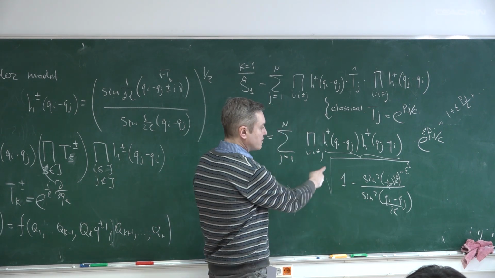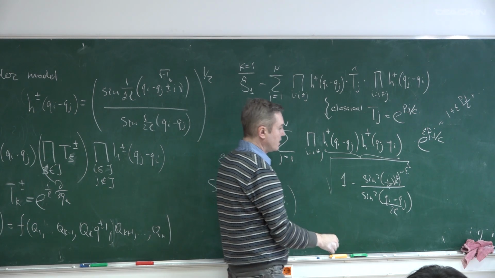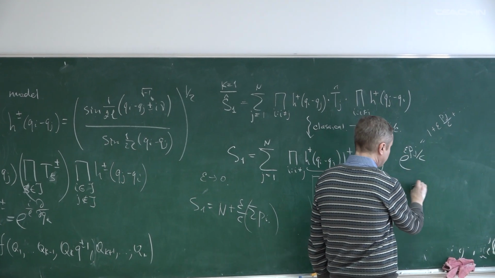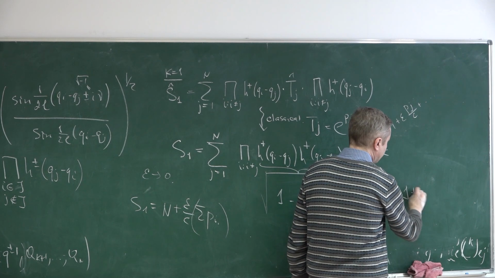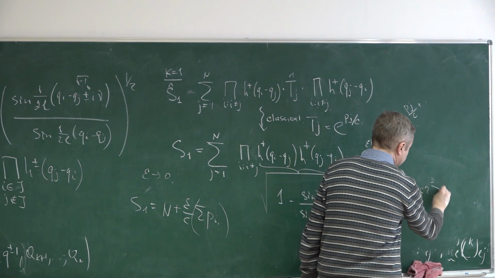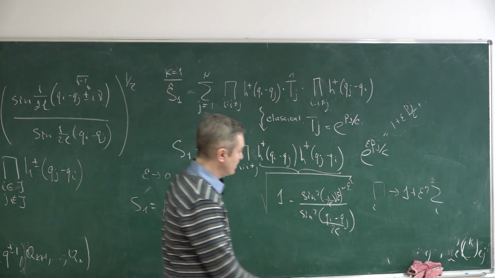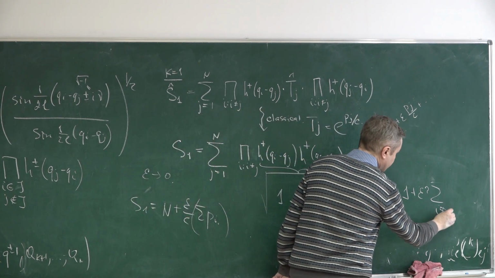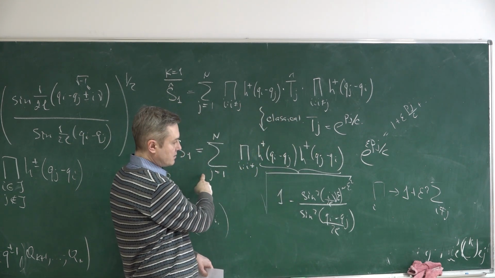We have a product of these expressions over all i, and this product will provide us 1 plus epsilon squared plus a sum over i not equal to j, and we also have a sum over j here.